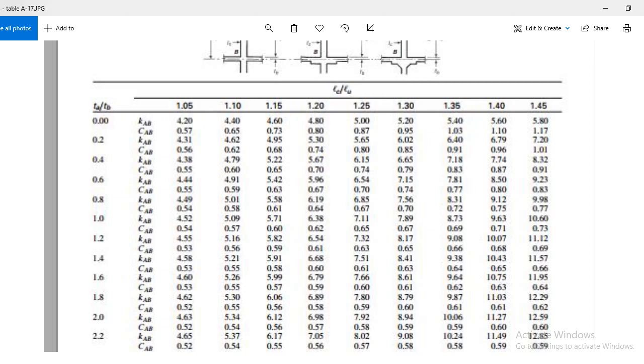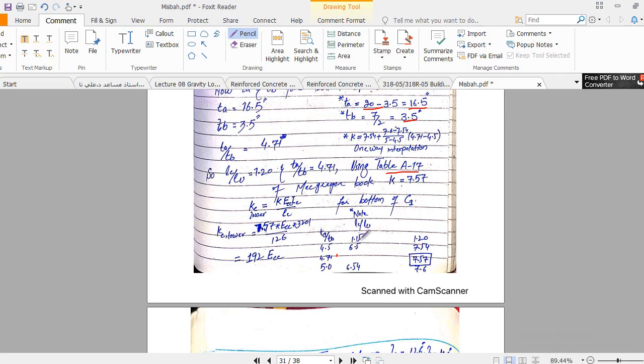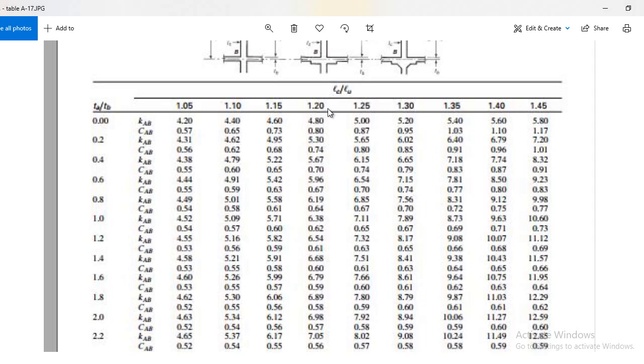In our case we are lucky because our Lc by Lu value of 1.20 coincides with this value of 1.20. So here we are lucky. If it lies in between two values, we need two-way interpolation.